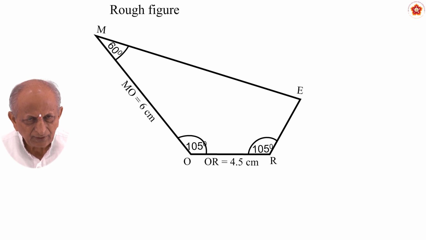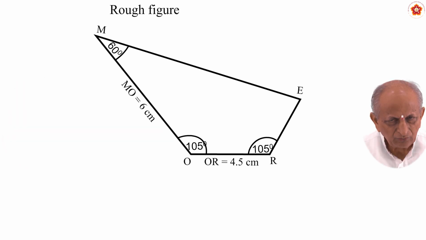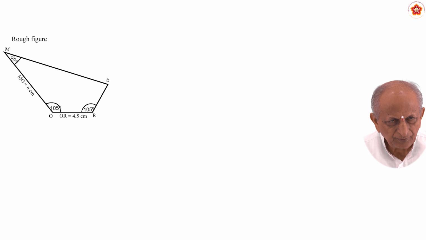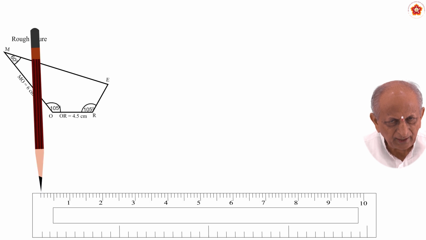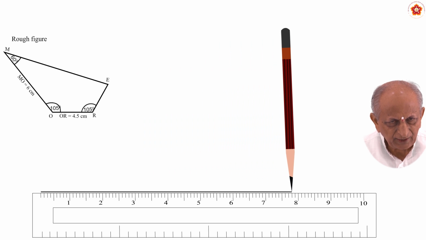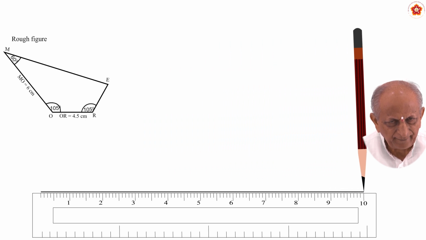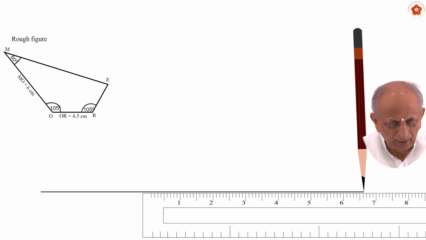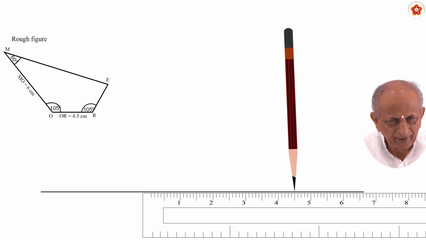Okay. Now we start drawing a neat diagram. Okay. So take a scale and take a pencil. So mark a line OR of length 4.5 centimeters.